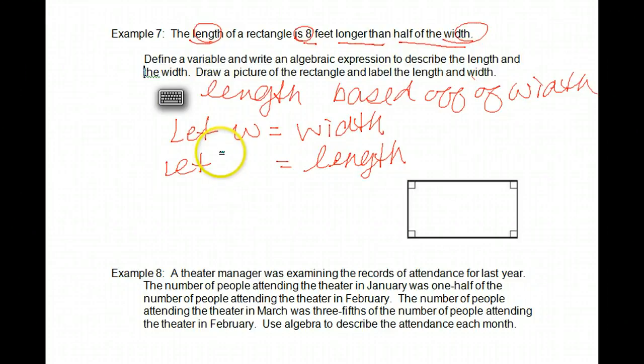So starting with half of the width, that would be 1/2 W. Longer than would indicate addition, and it's longer than by 8. So we would have 1/2 W plus 8, and then I would simply fill in my diagram. So I'd have 1/2 W plus 8 and W for my width.